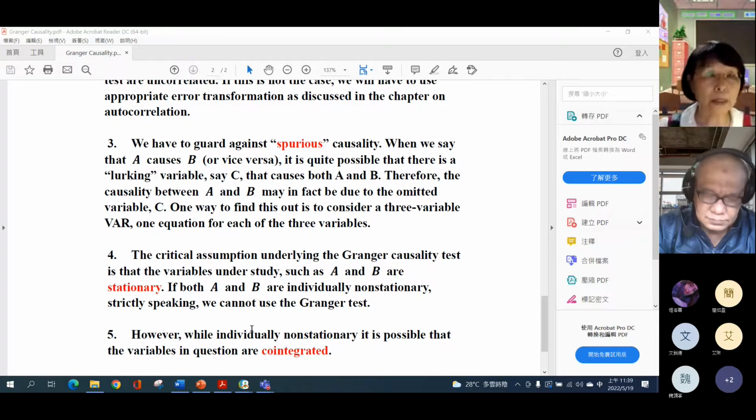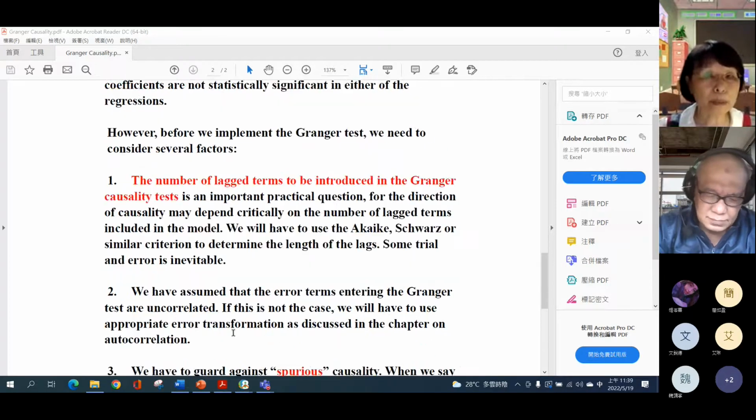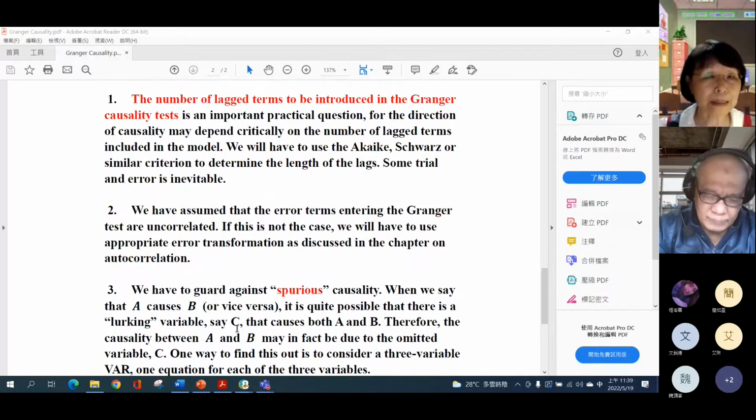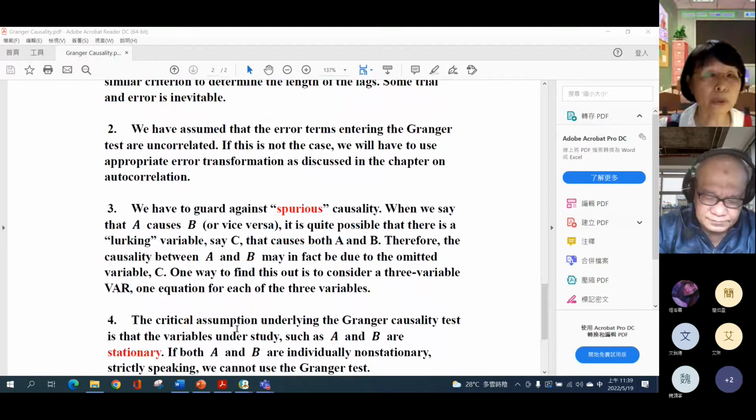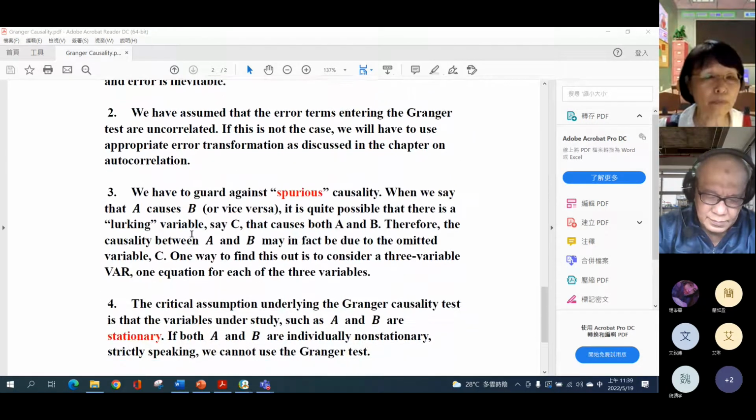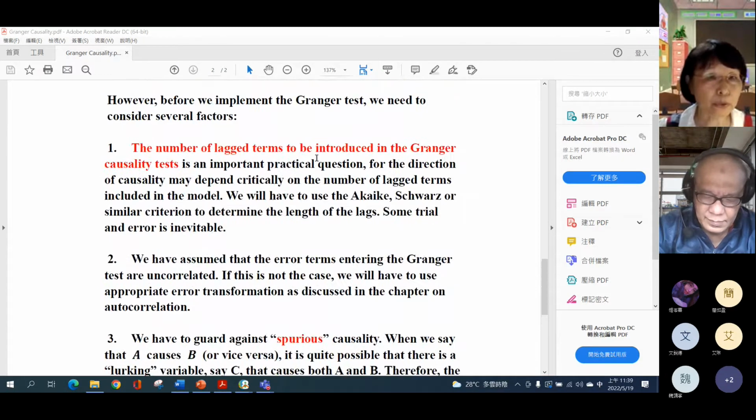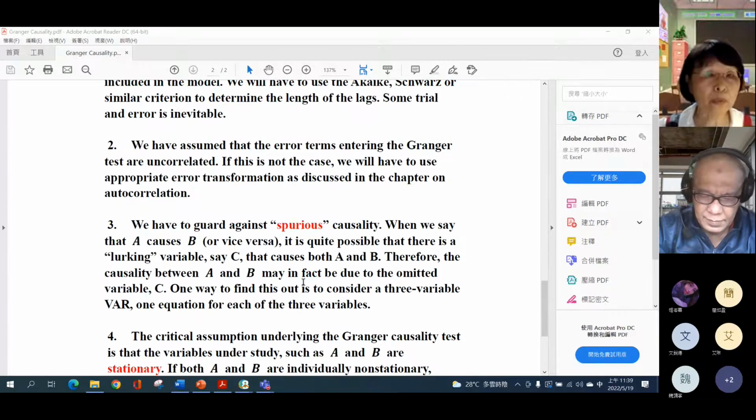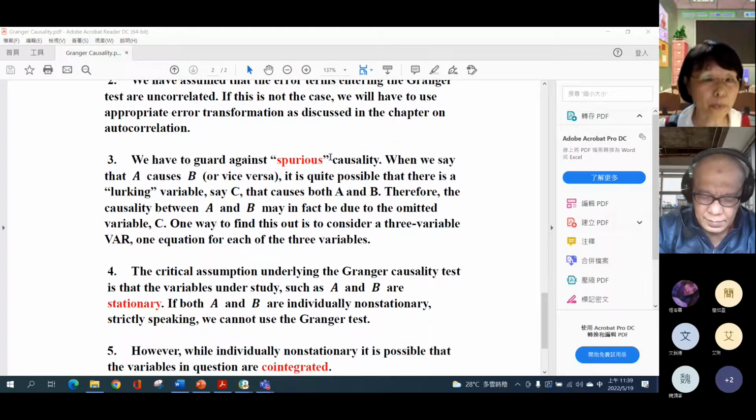So in other words, if we want to implement the Granger causality test, we need to address all these 5 points before we do the Granger test. And all of them we will show, especially spurious regression, stationarity, and cointegration. Those concepts I'm going to cover in section 12.5.